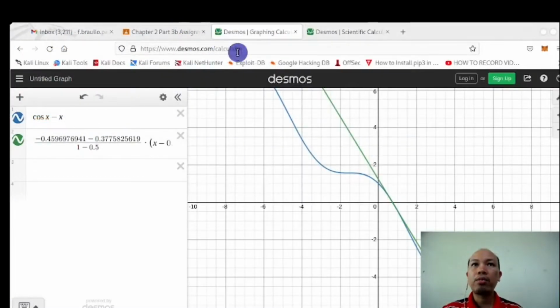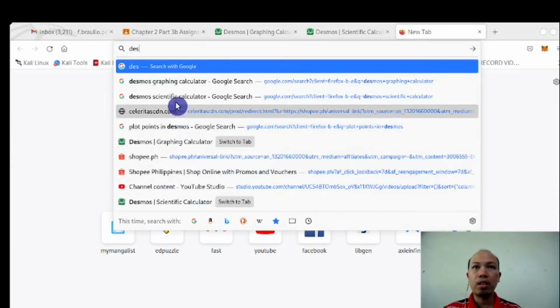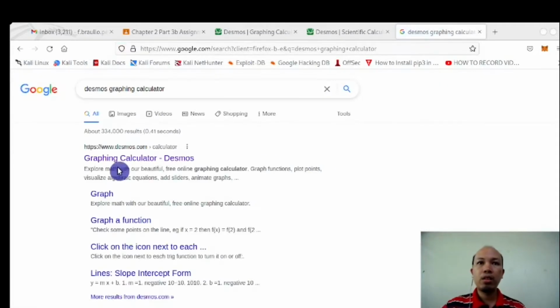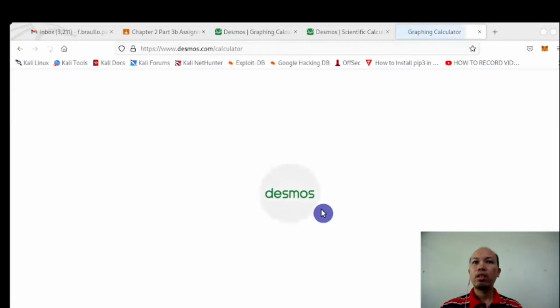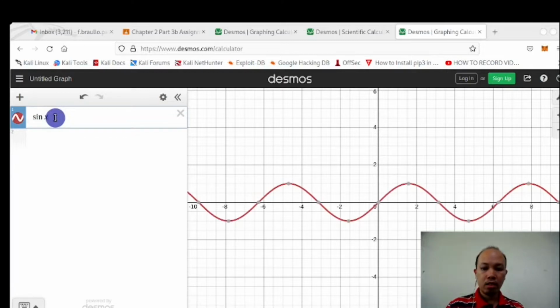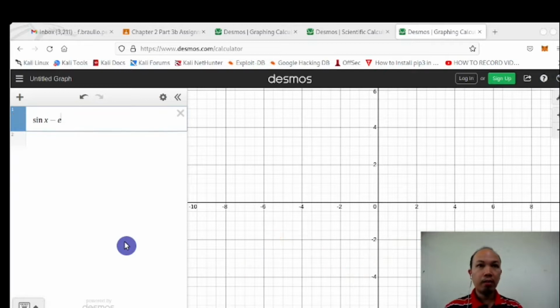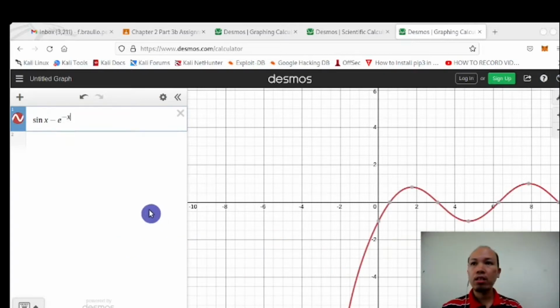Okay, let's graph our function. Let's use this graphing calculator, and then we have sine x minus e to the negative x.